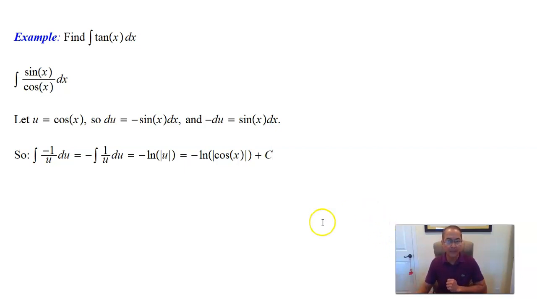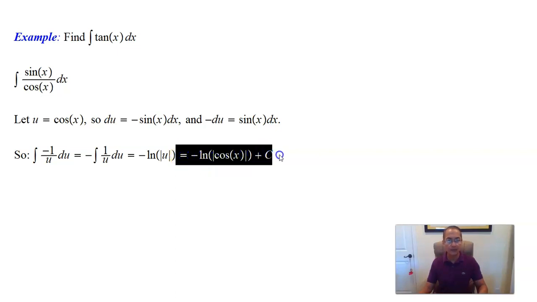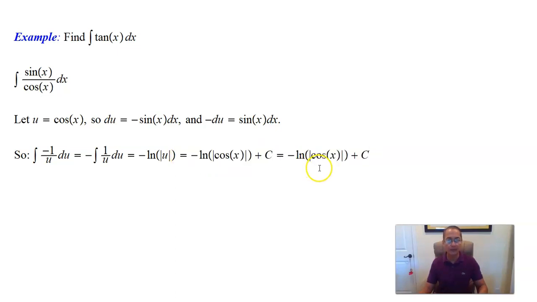However, remember the reciprocal rule. ln of 1 over b is negative of ln of b. So we have a negative there. I am going to apply the reciprocal rule. So I will put the negative inside as a power minus 1.